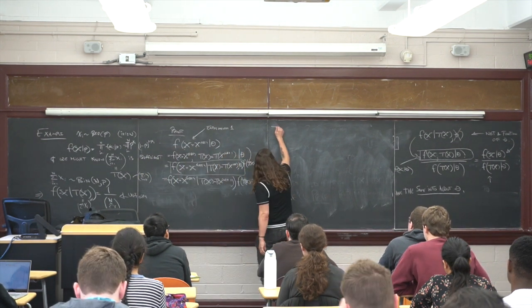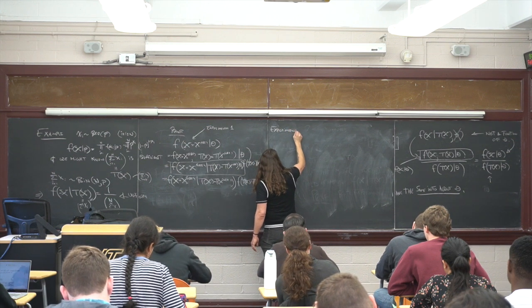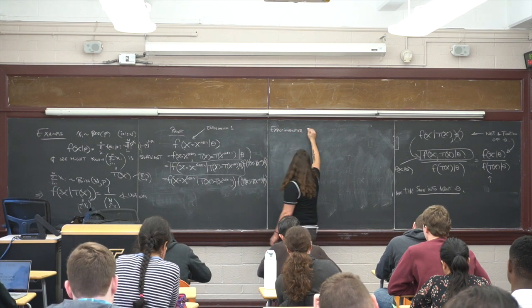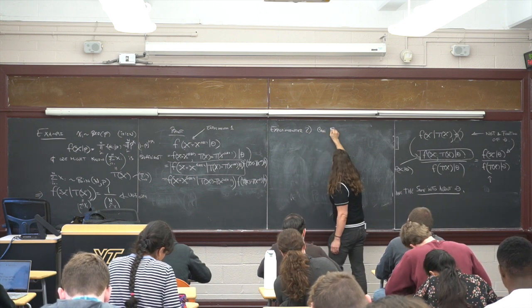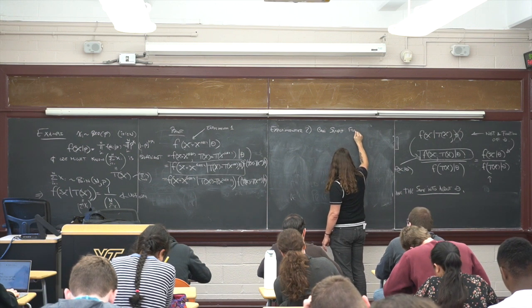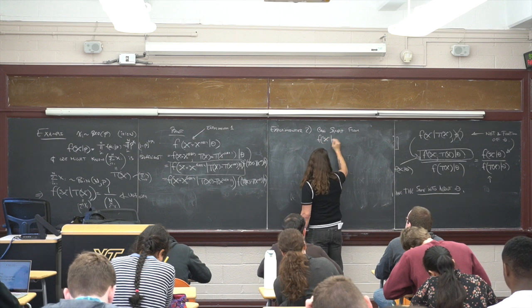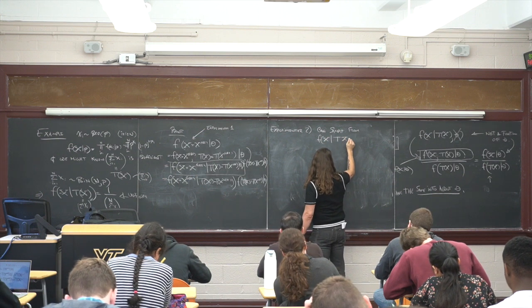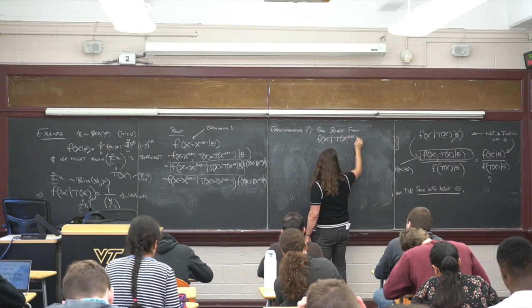So experimenter 2 can draw, I'll say sample, from f of x given t of x observed.